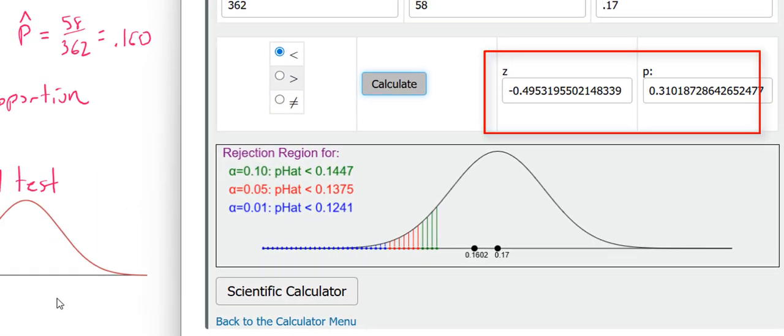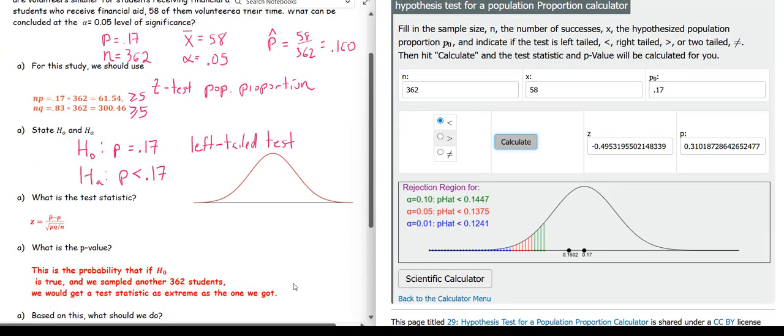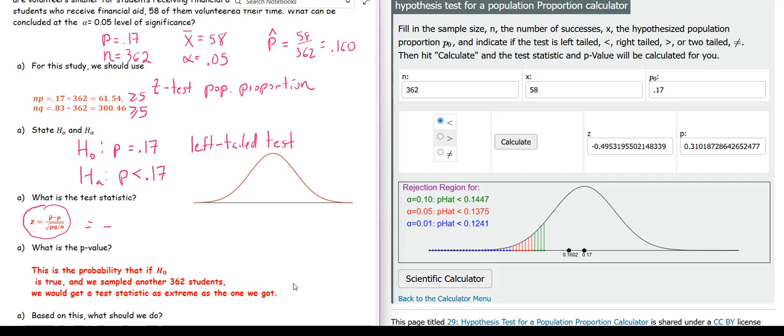So let's record those over here. The formula for the test statistic I have here, but we don't need that because we're having the calculator compute that for us. And that turns out to be, to 3 decimals, negative 0.495. And the p-value to 4 decimals is 0.3102.